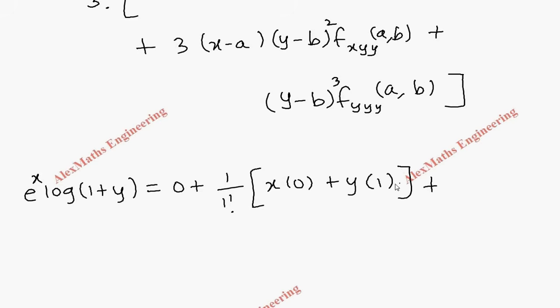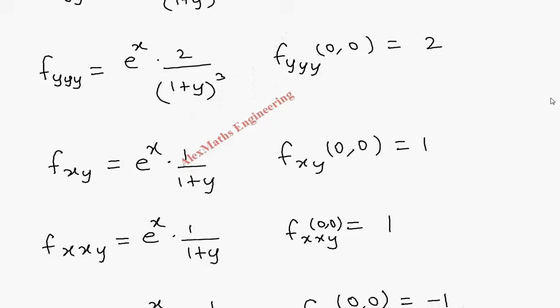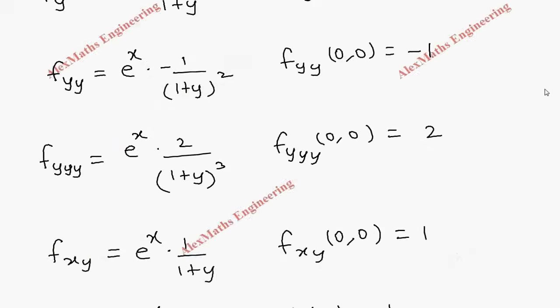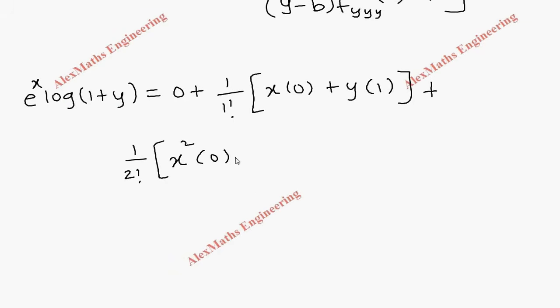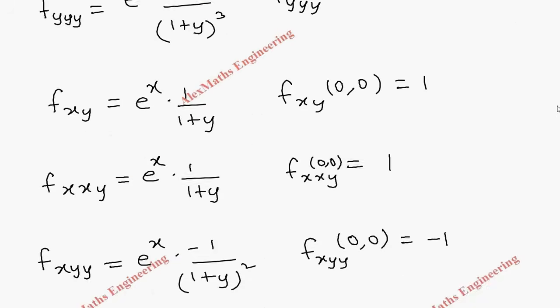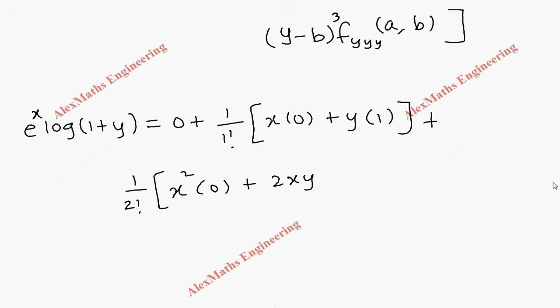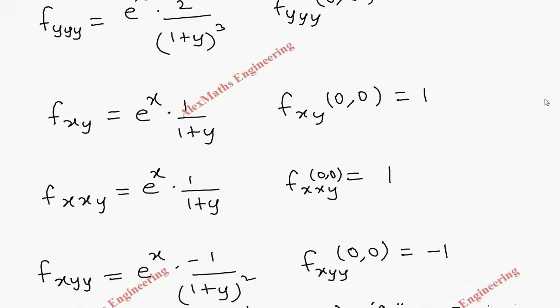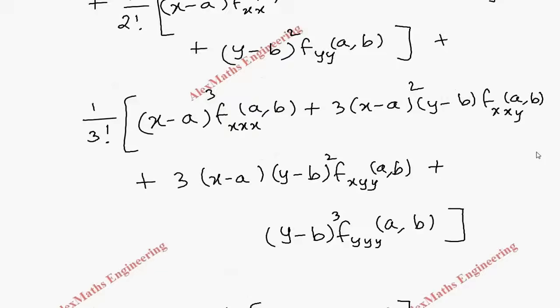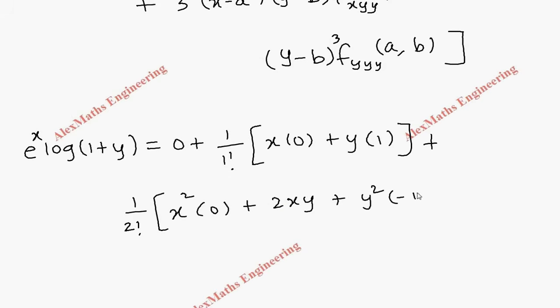then plus y into 1. In the same way, 1 by 2 factorial x square into fxx. fxx is also 0, so this will be 0 here. Then plus 2ab term, so 2xy into fxy, which is 1. Then finally y square into fyy. fyy is minus 1.